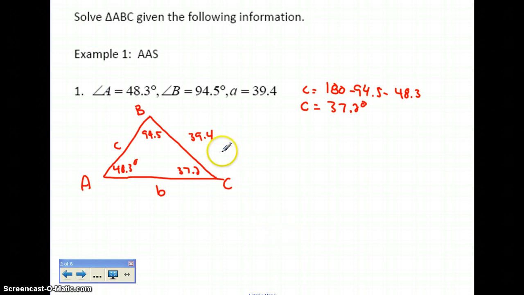So the first thing I want to do is find side B and side C. Just because I was given angle B first, let's find out what side B is.